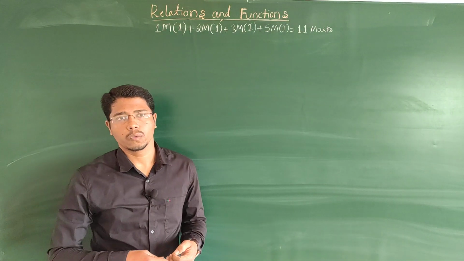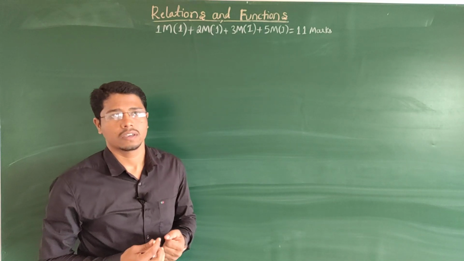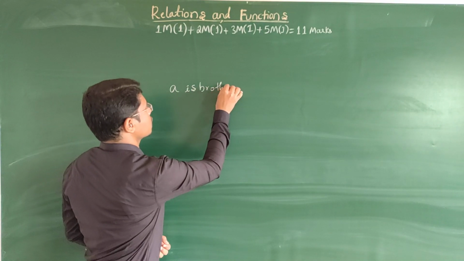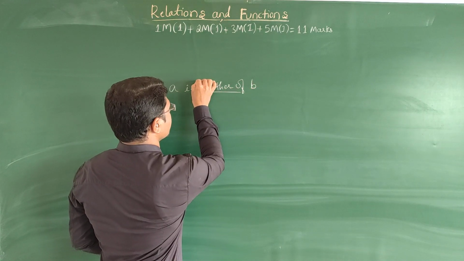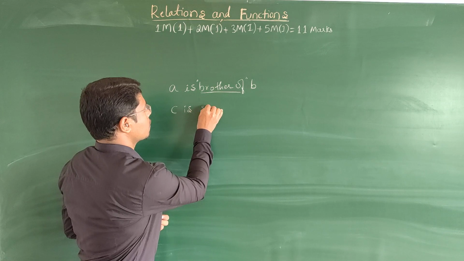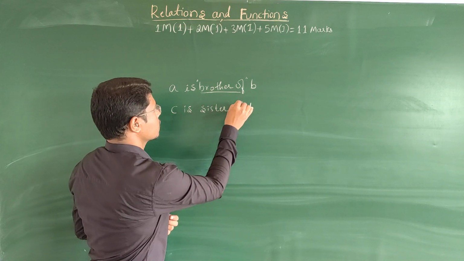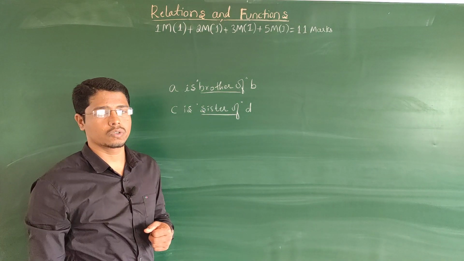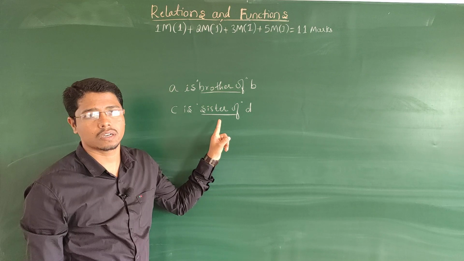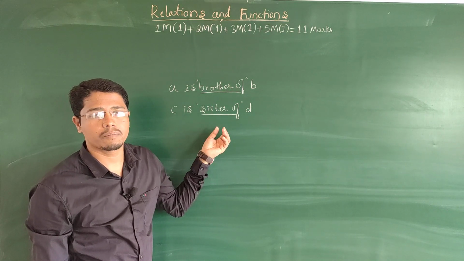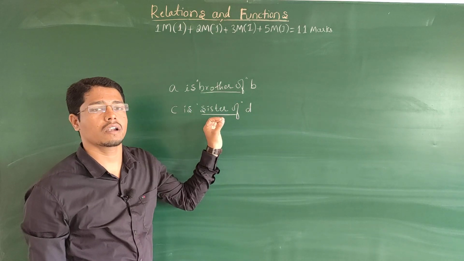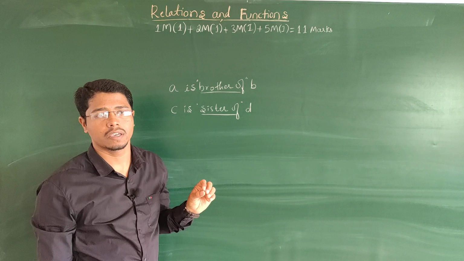In our daily life, we come across relations or statements like A is brother of B, and C is sister of D. In these two statements, the phrases brother of and sister of represent the connection between A and B, and C and D. These are called the primary relation phrases in our daily life.